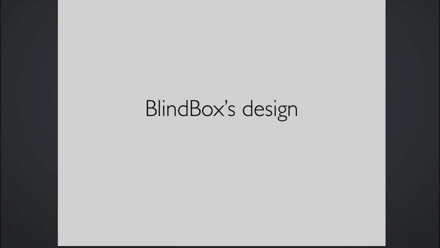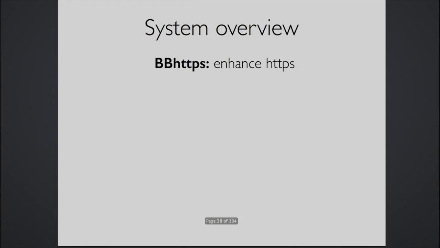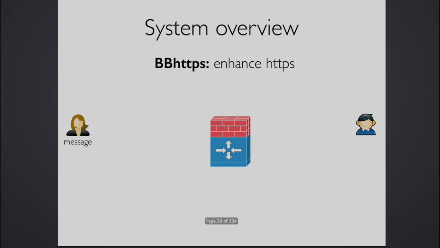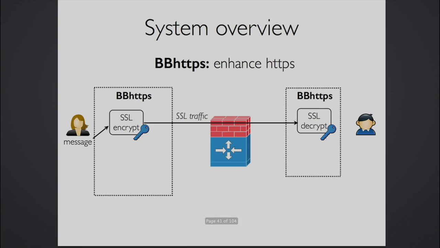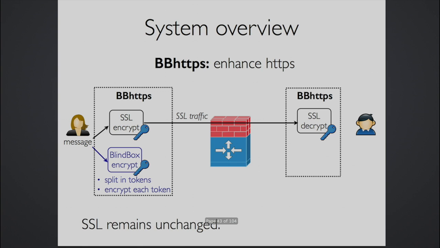So what we built in BlindBox is an enhanced version of HTTPS called BlindBox HTTPS. And with BlindBox HTTPS, when a user sends a message, the message gets encrypted through SSL as before. So we don't change SSL. But then on top of that, the traffic goes through BlindBox Encrypt, which tokenizes the traffic into keywords and encrypts each keyword.